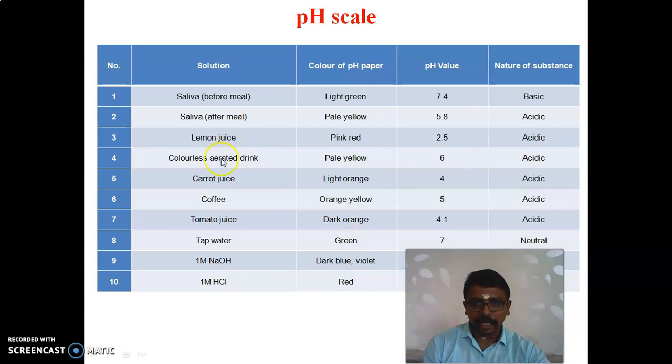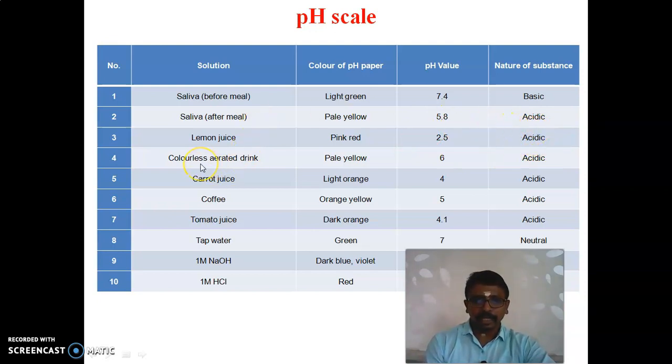And next is lemon juice. What type of acid is there in lemon juice? Yes, citric acid. The color of the pH paper will be pink red, and the pH value will be 2.5. What is the nature of the substance? Yes, it is acidic.